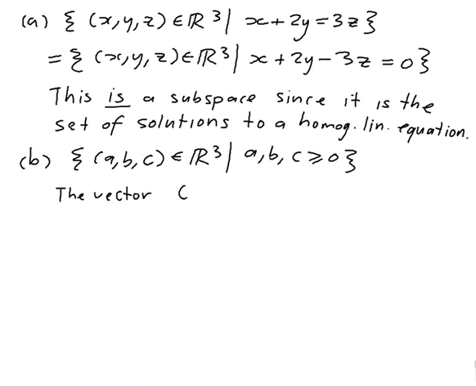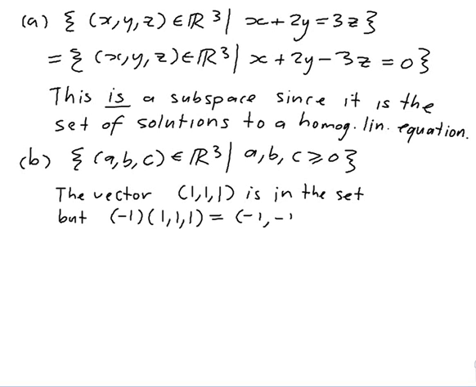The vector 1, 1, 1 is in the set, but -1 times 1, 1, 1, which is equal to -1, -1, -1, is not in the set.